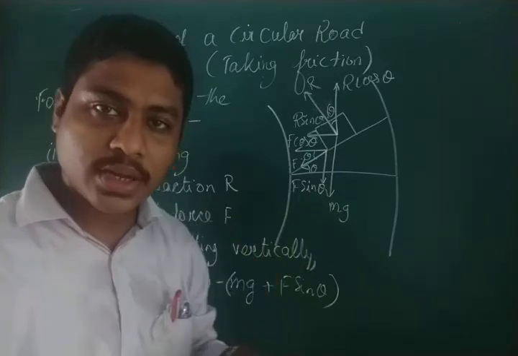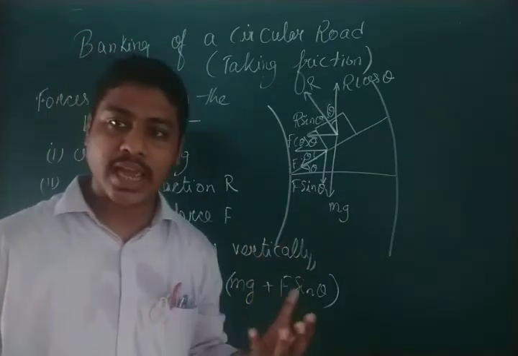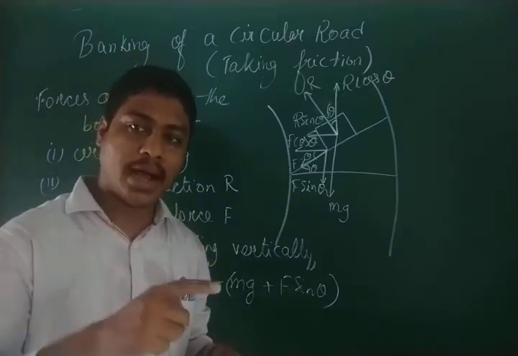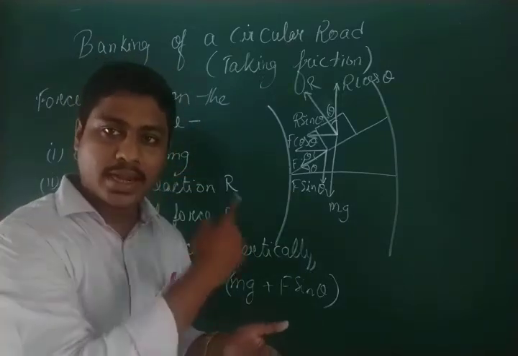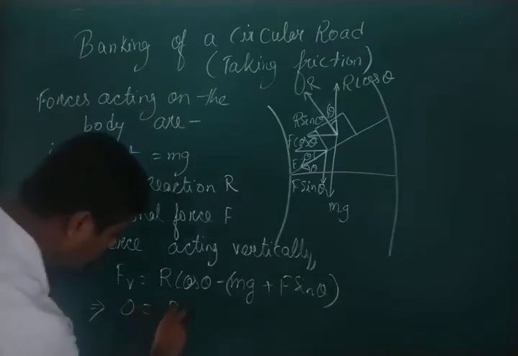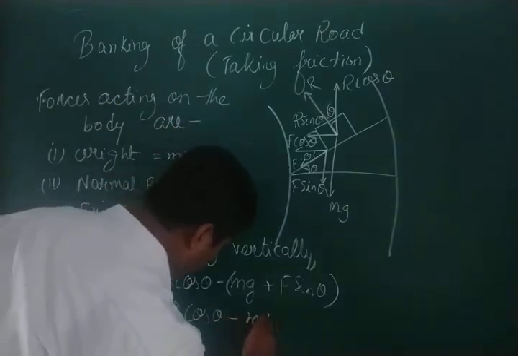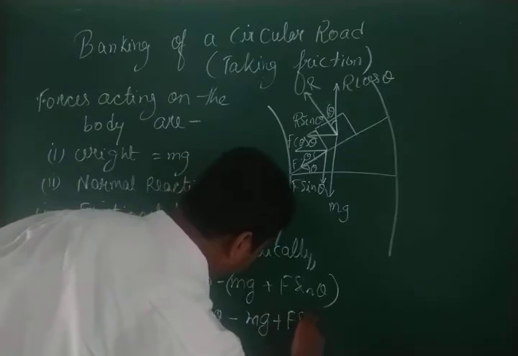If your acceleration is 0, the force along the vertical, using Newton's second law of motion, mass into acceleration, with vertical acceleration 0, obviously this value will be 0. So this will be equal to R cos theta minus mg plus F sin theta.